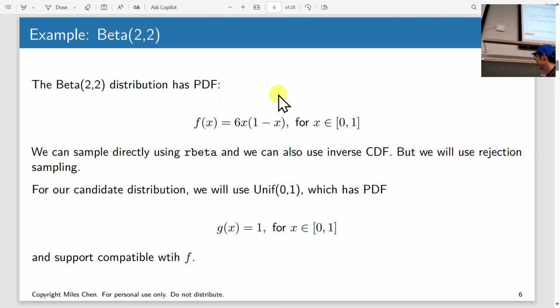In our theta binomial we used theta instead of x, so don't get confused that we're changing our letters here. If you plug in shape parameters 2 and 2, this just becomes x times 1 minus x, and the constant computes out to be 6. So basically it's just this upside down parabola.